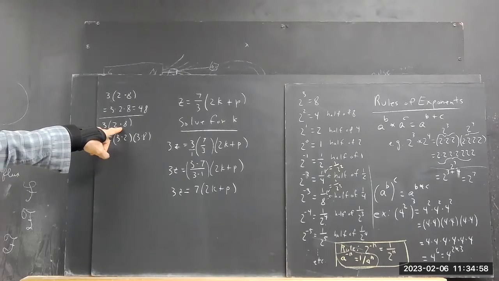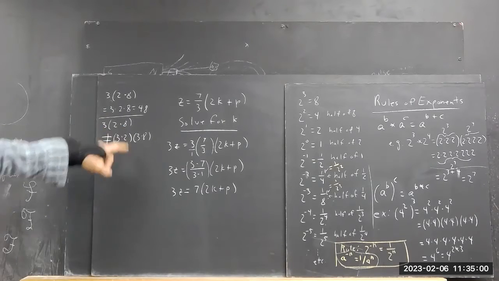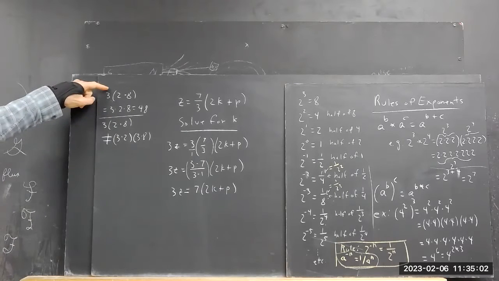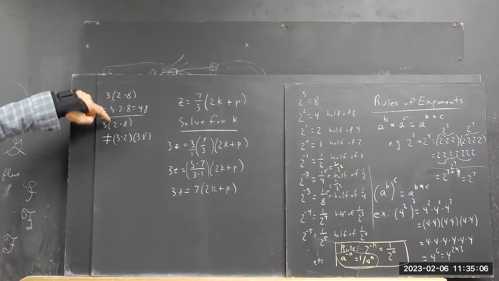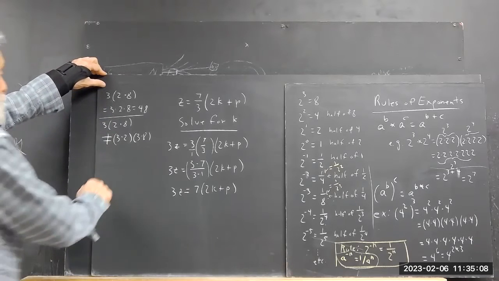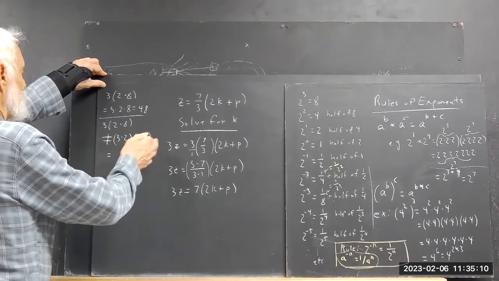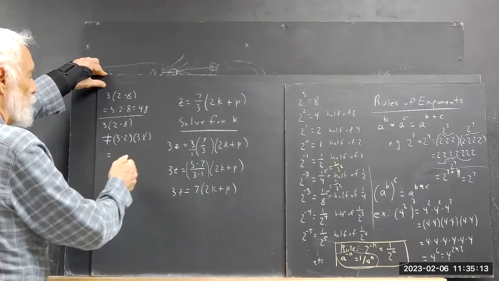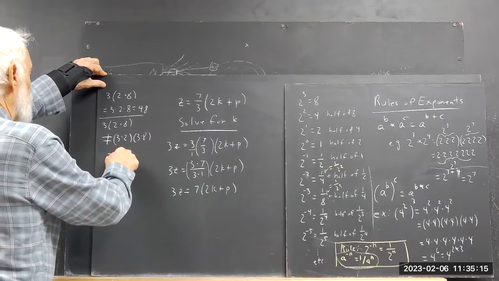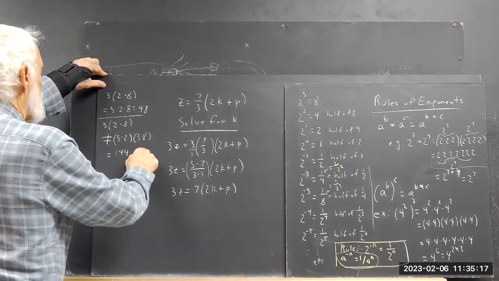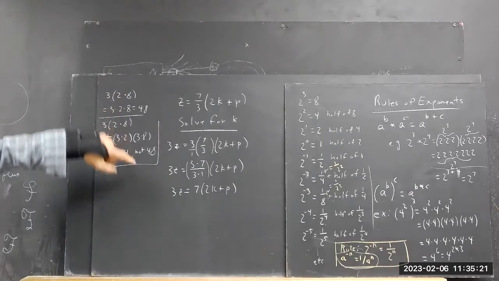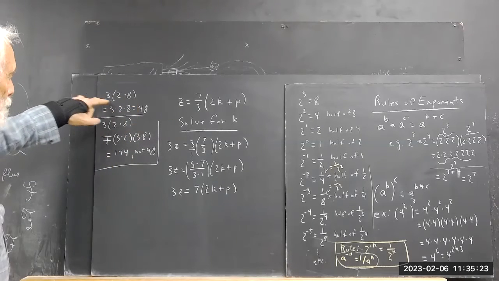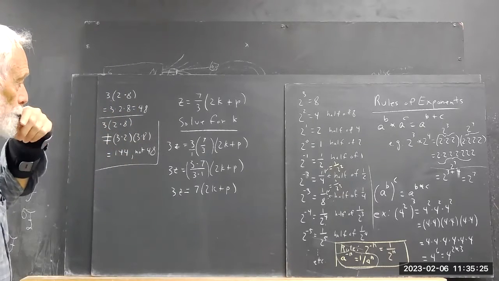Multiplication doesn't distribute over multiplication. You know this is right with the numbers. And you know this is wrong because, of course, you get 6 times 24, which is 144. You know 48 is right for this calculation. You know 144 is wrong.